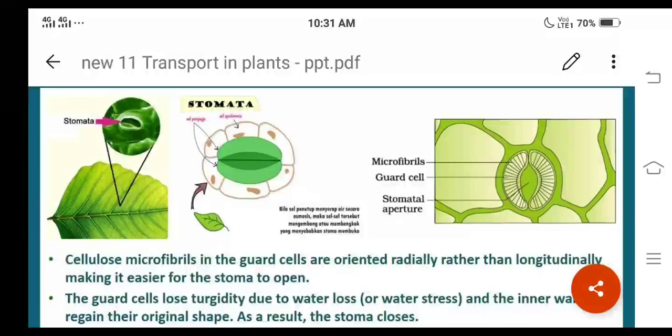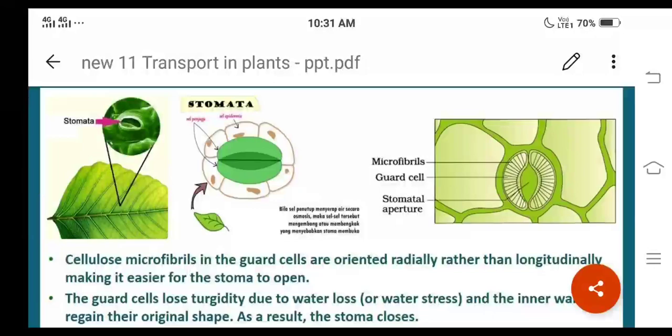And if the arrangement is longitudinal, then the stoma will be closed, right?